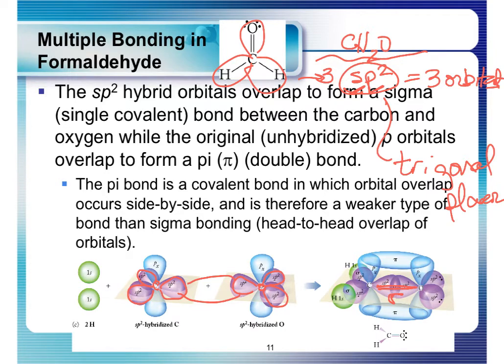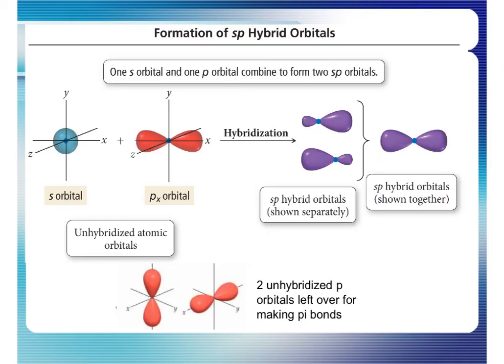Now, we know that carbon and oxygen have a double bond, okay? So the theory is that the unhybridized p orbital on each of them, because they're each sp2 hybridized, is used to make the pi bond, okay? And so that explains the double bonding. This is a complex picture, and you may have to revisit a couple times to truly understand the orbitals that are shown there, but it's a real useful, valuable diagram also.